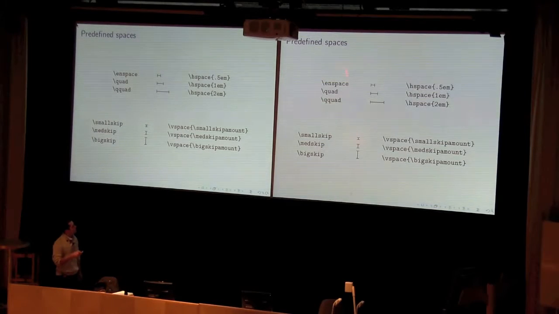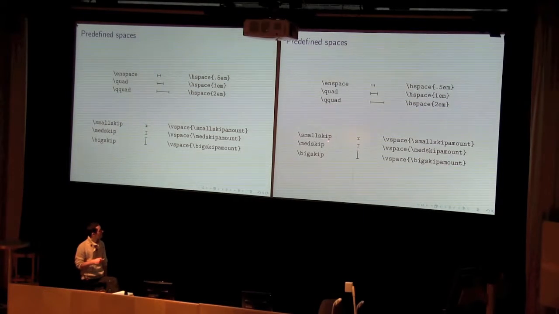You have some predefined spaces. Here is for horizontal. You know, it's just multiple. It's 2 times the previous one each time, and here is what it represents compared to the font. Okay. Here is the same for vertical space. And on the right, this is how this is defined.